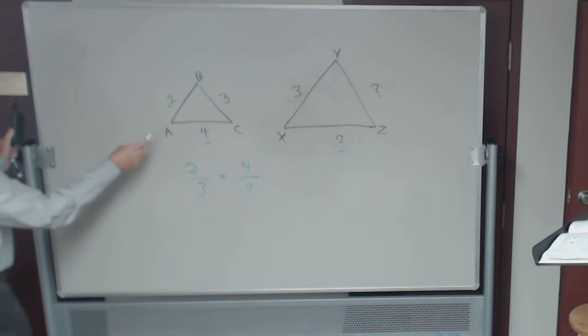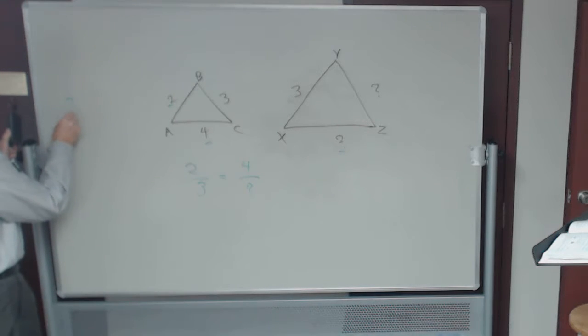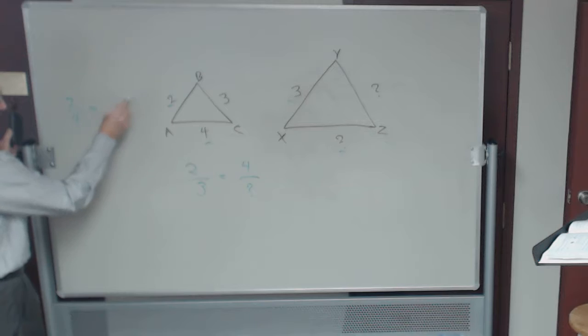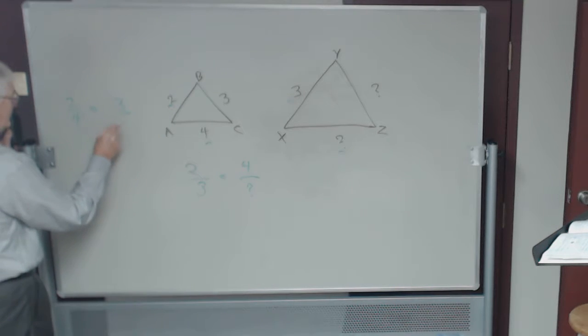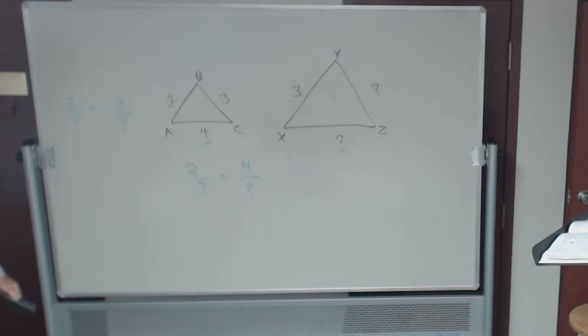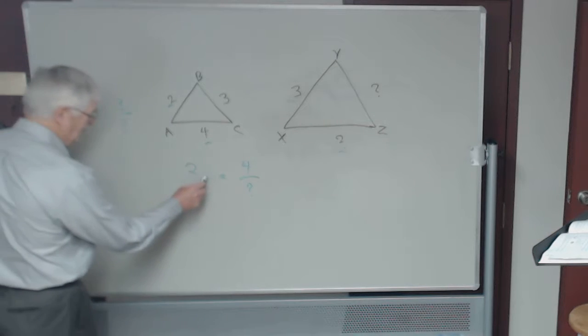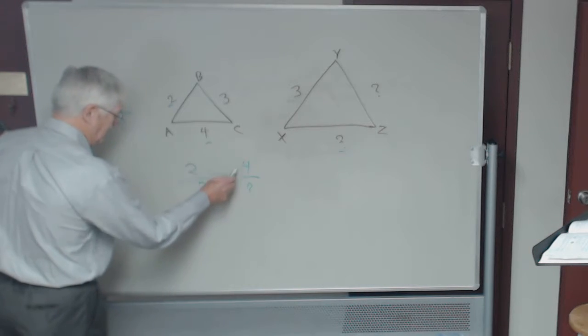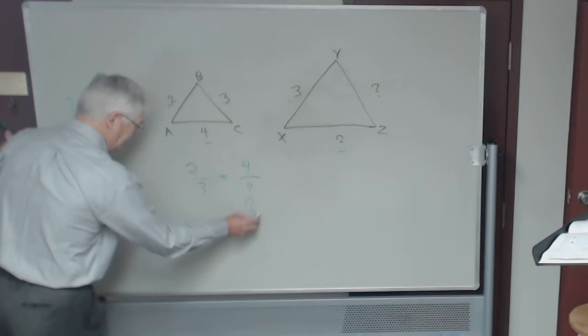Now, could I have done this? Could I have said 2 over 4 equals 3 over question mark? Yes. Let's check it out. 2 times question mark, 3 times 4 is 12, so that would make this 6.